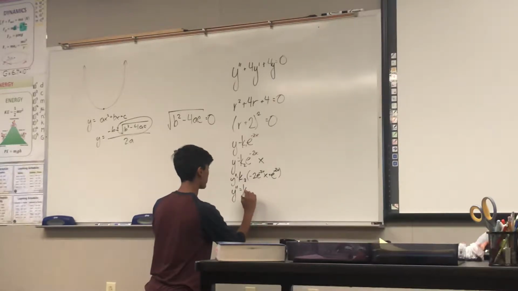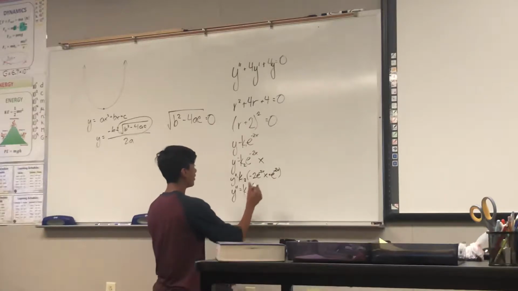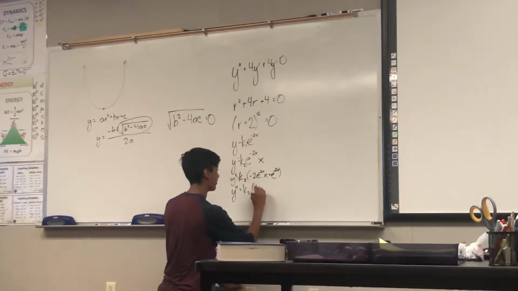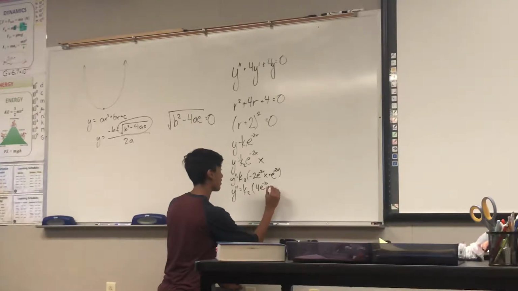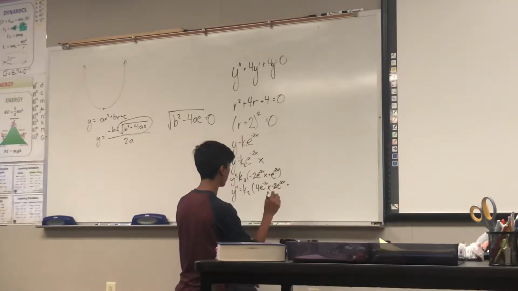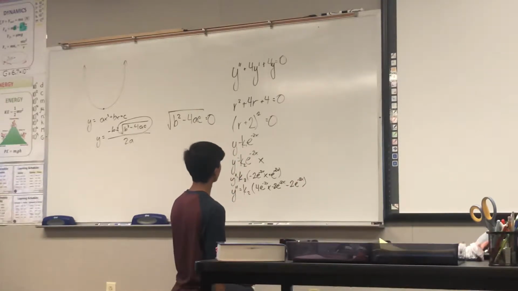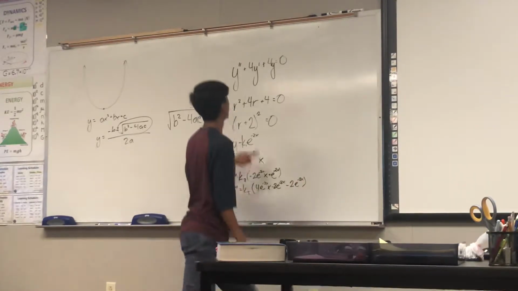That is k2, and then do the product rule. And then that's 4e to the negative 2x x minus 2e to the negative 2x minus 2e to the negative 2x.